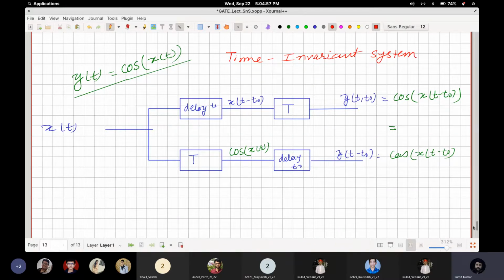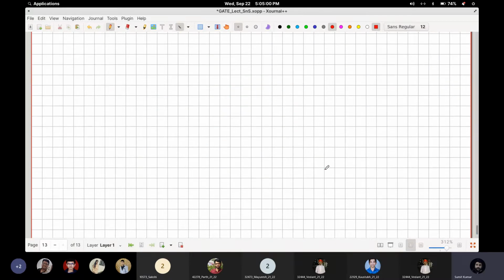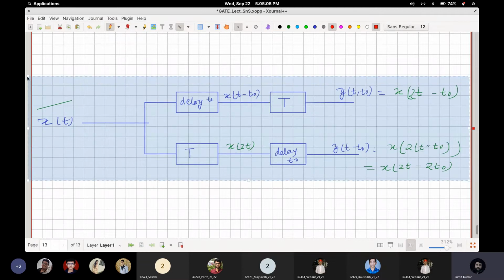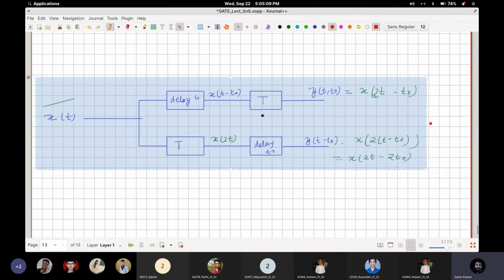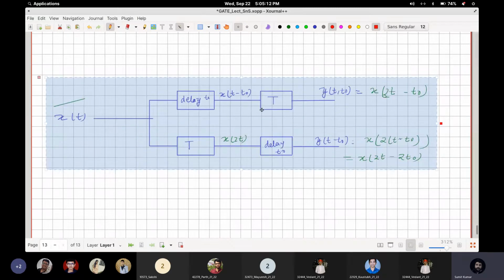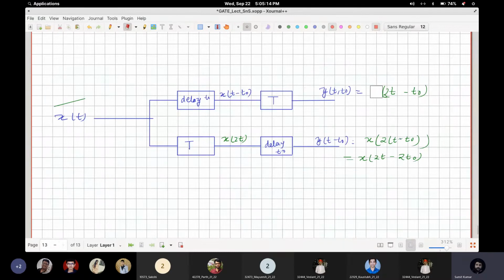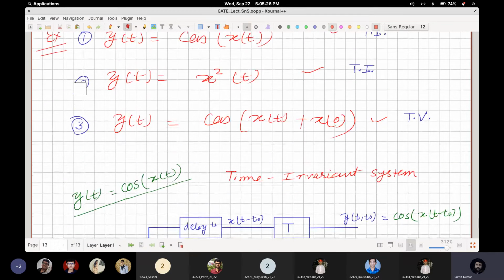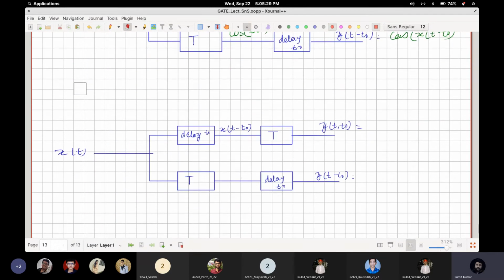Let's see the second one, x square t. It's kind of similar to the first one.